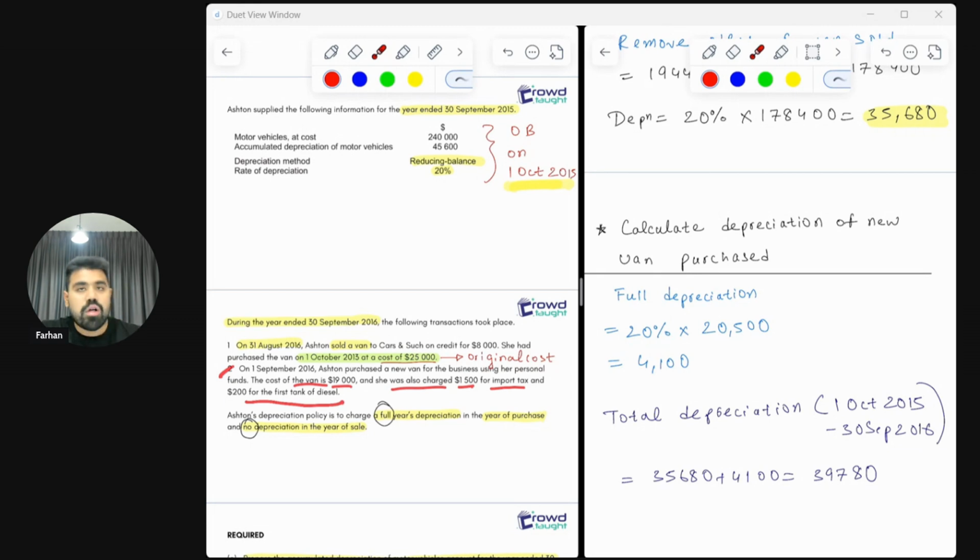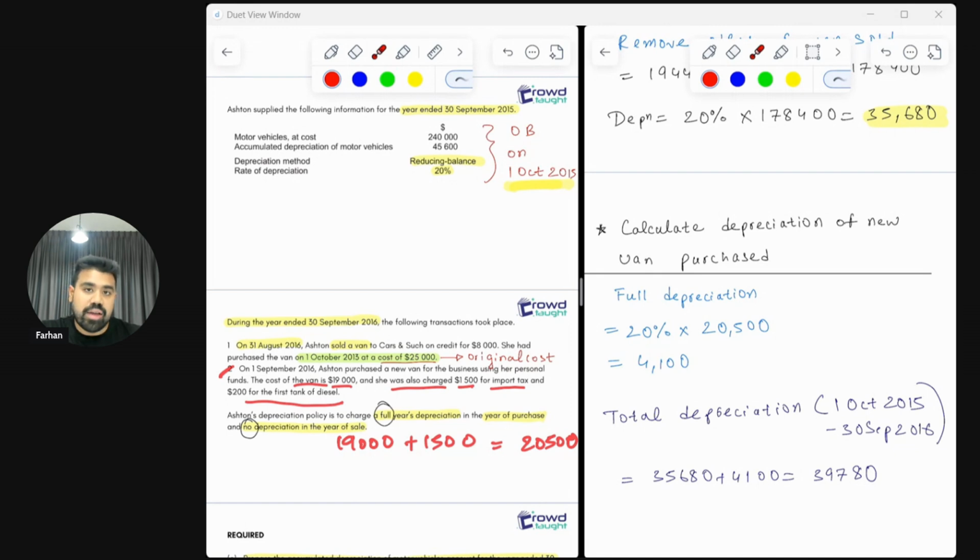So what's the total cost of this van? It is $90,000 plus $1,500, which is $91,500. So what's the basis of adding these two numbers? Always remember, the total cost of an asset is the purchase price, which is the $90,000 which we had paid, plus any additional costs that we need to pay to get the asset ready for its intended use.